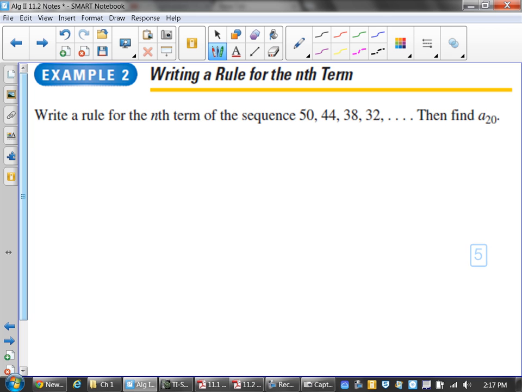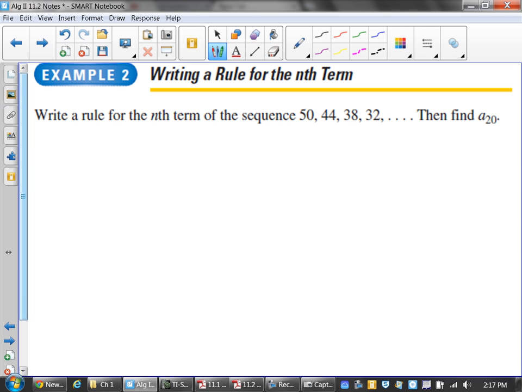So, if I'm looking at this one, this is exactly the same thing you were talking about, Mr. Ward. We're going to write out the nth rule and then figure out what the 20th term is in the sequence. We know this is an arithmetic sequence because it's telling us it is.